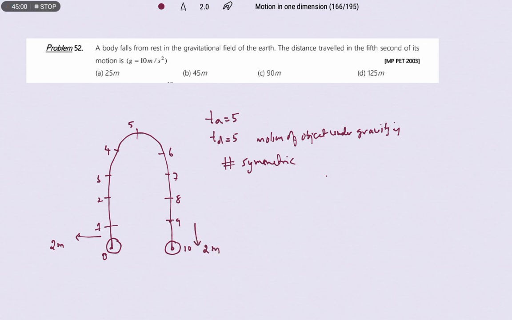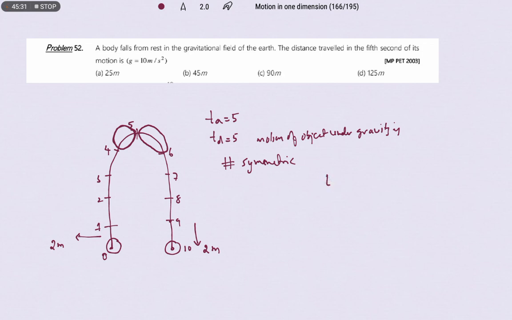That means at a particular height or in a particular time interval, it covers an equal distance. Simply we can say that the distance travelled in the last second of an object in vertically upward motion is equal to the distance travelled by the body when it is under free fall in its first second. So these two will be the same.